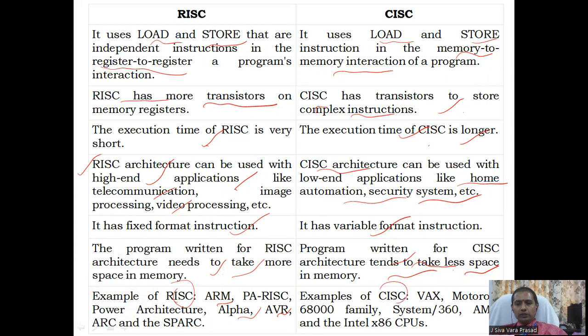Examples of CISC include Intel x86 CPUs, the Motorola 68000 family, the System/360 series, and AMD. So I think this video covers the basic CISC structure, RISC structure, and the applications of RISC and CISC, as well as the comparison of RISC and CISC.